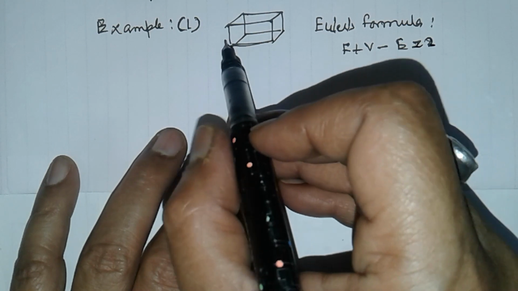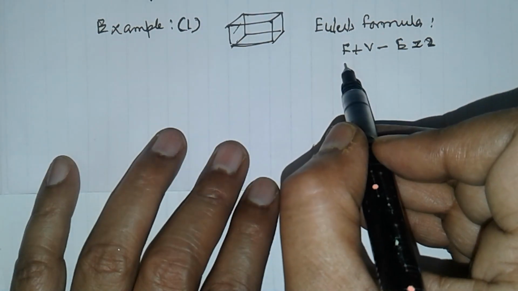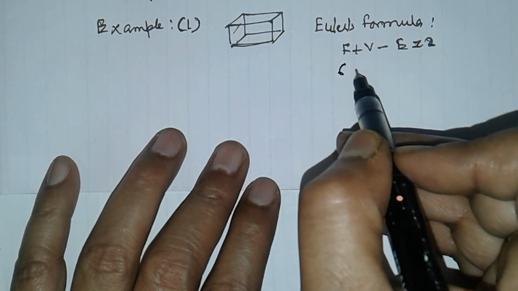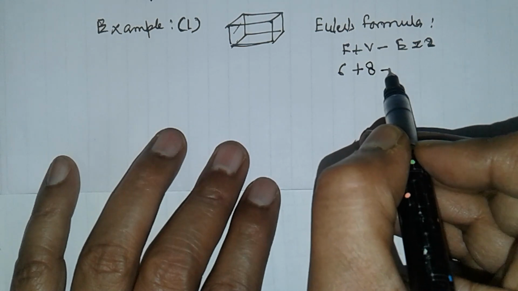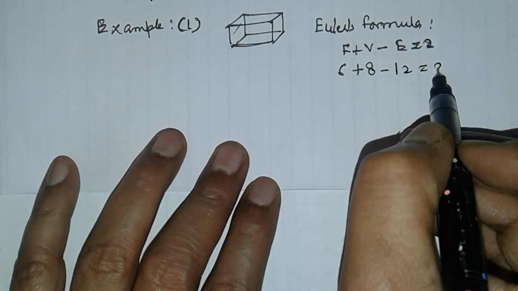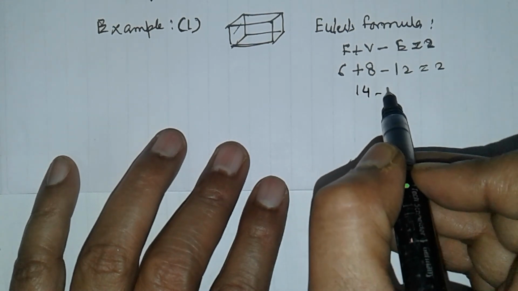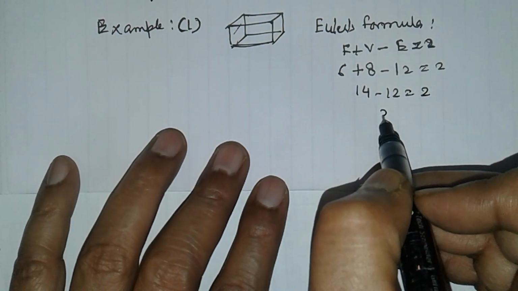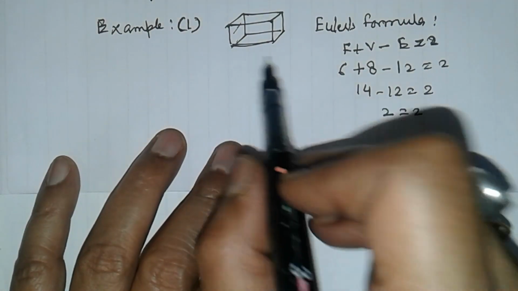Now if you see, the number of faces is 6, vertices is 8, and edges is 12. Now let's see what the answer is. 6 plus 8 is 14, minus 12 is equal to 2. So 2 is equal to 2. This is correct for this particular 3D shape.